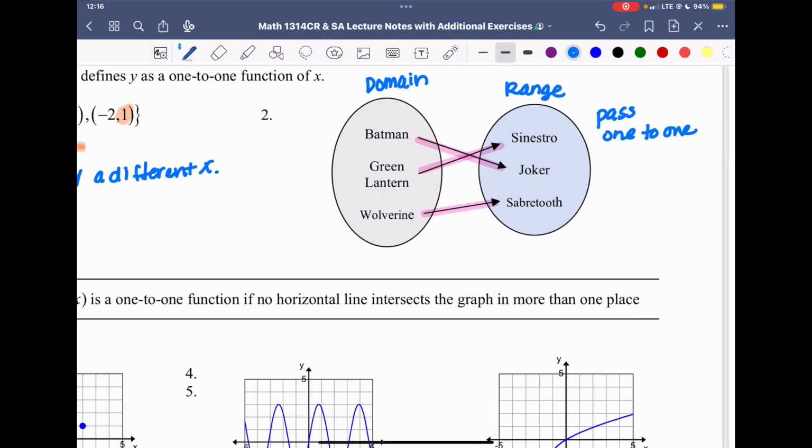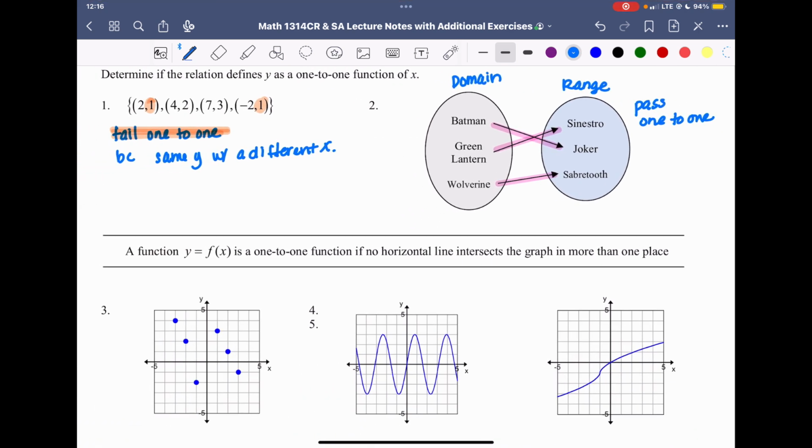Another way to communicate one-to-one is called the horizontal line test. Please recall that a horizontal line is flat, right? It goes from left to right. So let's talk about a horizontal line. This right here is a pass, when you have only one point on the horizontal line.